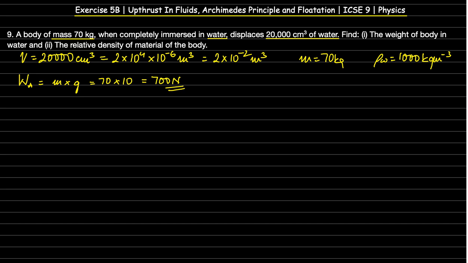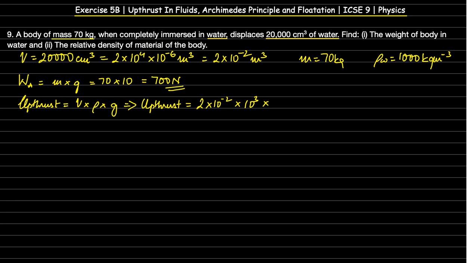Now we would be using the formula for upthrust to find the upthrust. So upthrust will be equal to V into rho into G. So we can write upthrust is equal to V, which happens to be 2 into 10 to the power of minus 2, into rho, which happens to be 10 to the power of plus 3, that is 1000, density of water, into acceleration due to gravity.